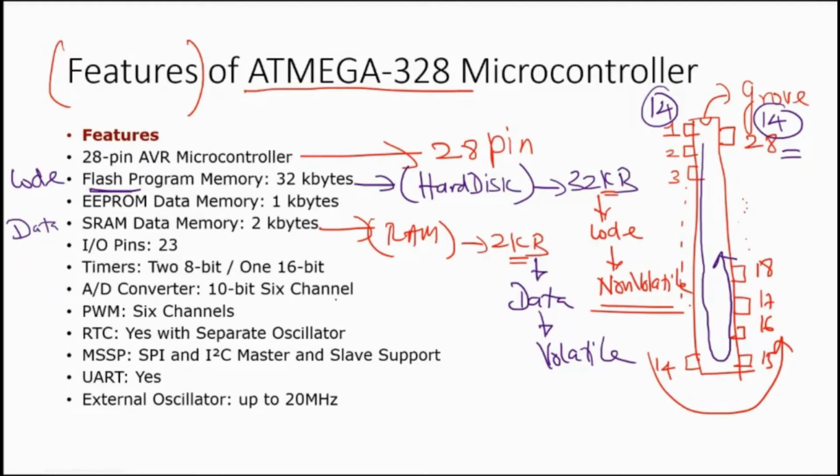There is an intermediate device, EEPROM, that takes the advantages of both. So 1 KB of EEPROM is available that takes the advantages of these two types of memory. It is non-volatile like your ROM. It is also read-write compatible like your RAM.